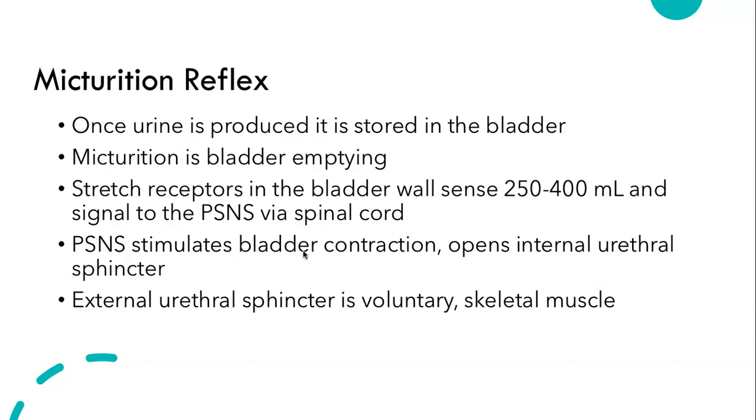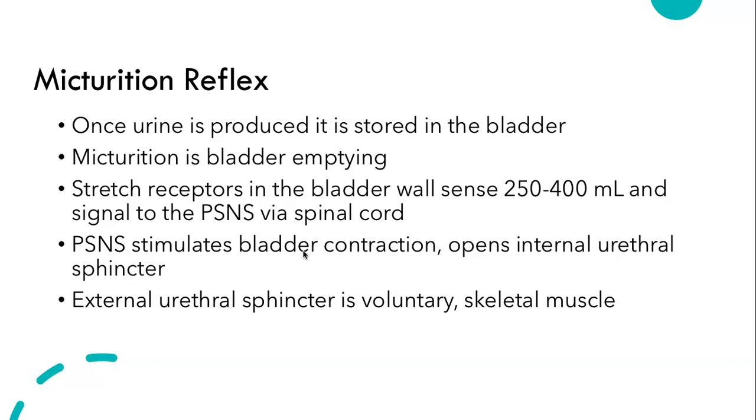So we've talked about how urine gets made. Well, what's the big show? Once urine is produced, it's stored in the bladder. But how do we empty the bladder? That's called micturition, or bladder emptying. Basically, your bladder just stores urine until it starts to stretch, and the receptors in the bladder wall sense about 250 to 400 milliliters and signal to the parasympathetic nervous system via your spinal cord that it's time to go, right?